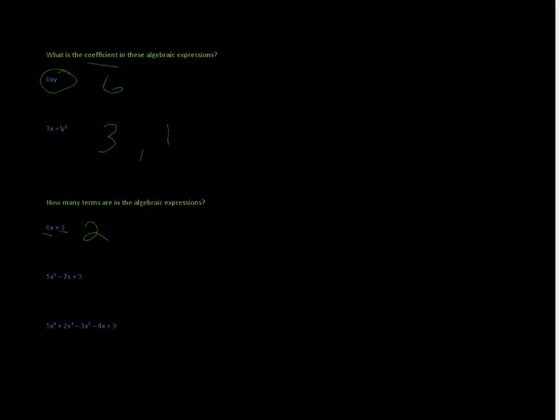So remember, the signs separate your terms. So the second one, you'd have 1 term, 2 terms, 3 terms. And the third one here, you'd have 1, 2, 3, 4, 5. So you'd have 5 terms. So remember, the signs separate the terms.